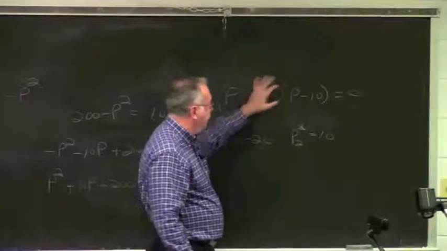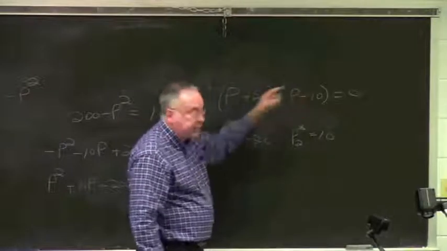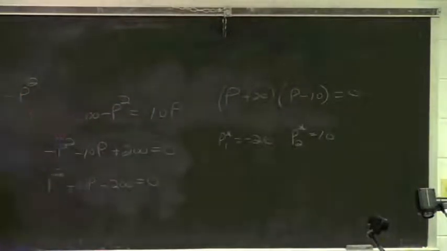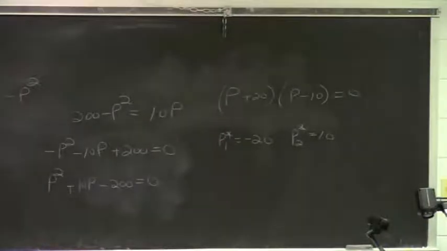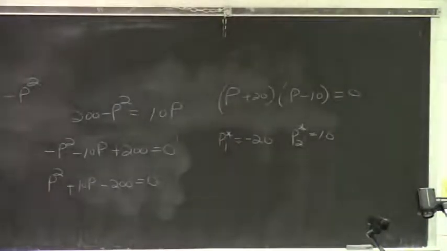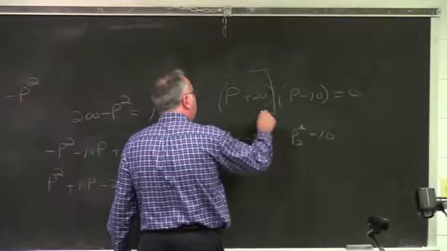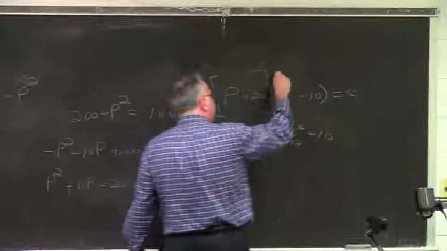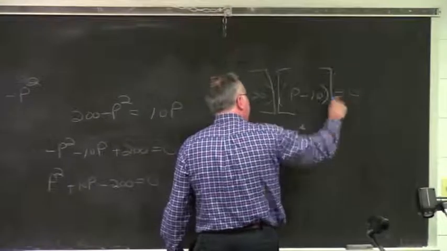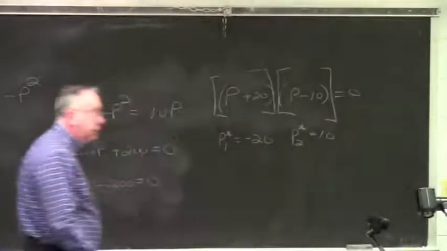So if either one of these terms is 0, that'll make this equation hold. In order for this equation to be satisfied, one of these terms, either this first term right here, or the second term, has to be 0.